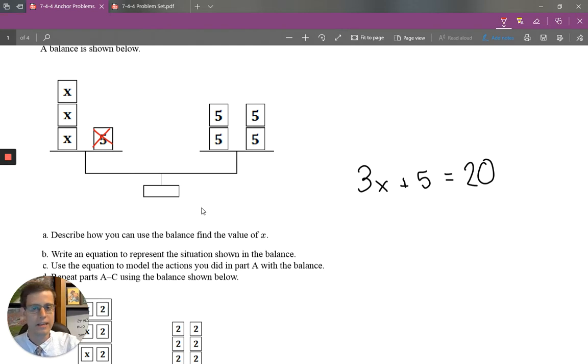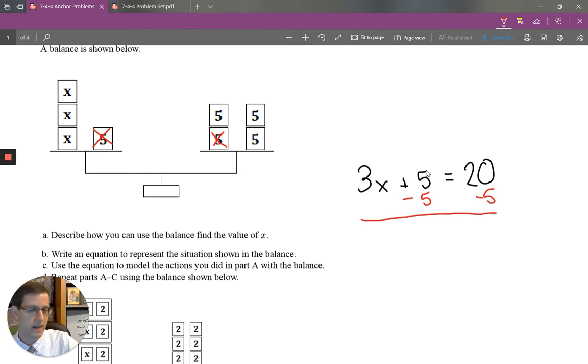But if I get rid of a 5 on the left side of an equation, I also have to get rid of a 5 on the right side, so the equation is still balanced. Now what that means in this equation is to subtract 5 from both sides of the equation.